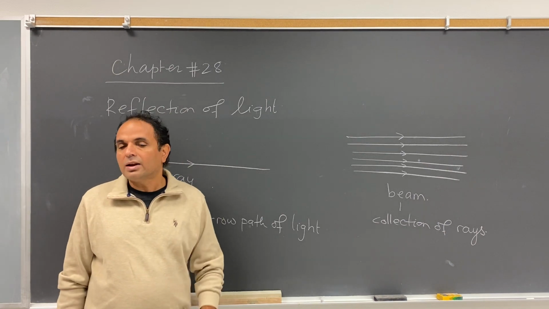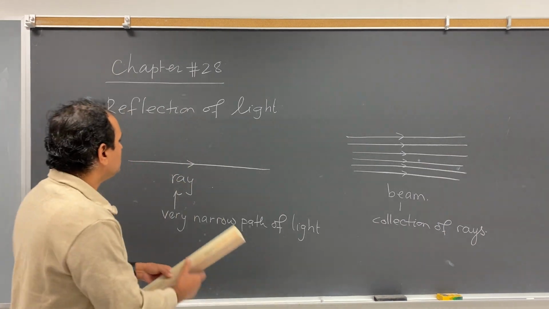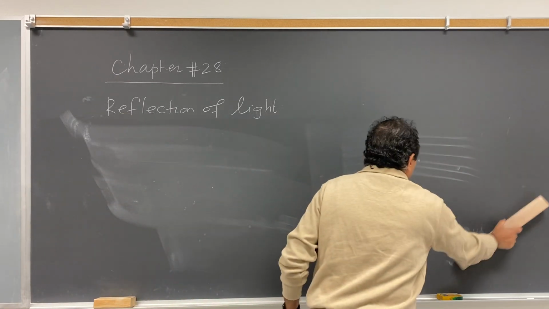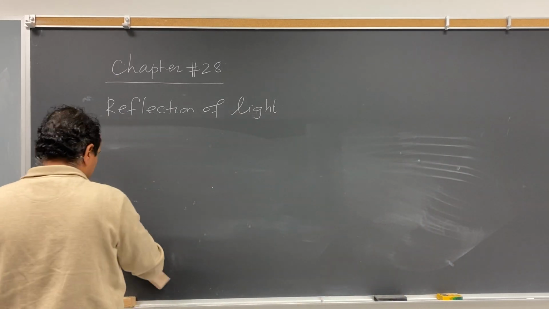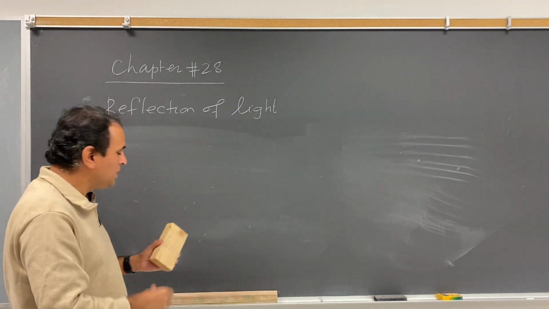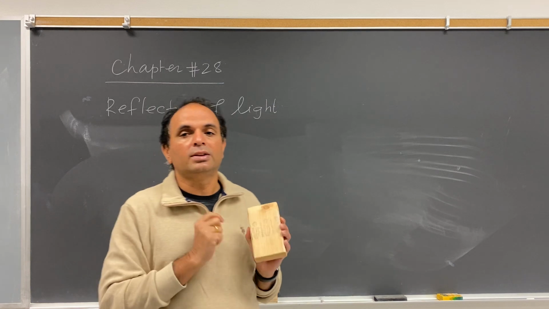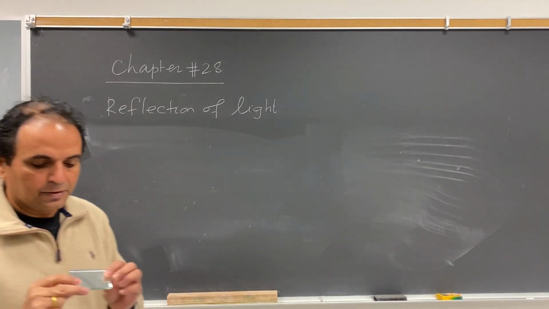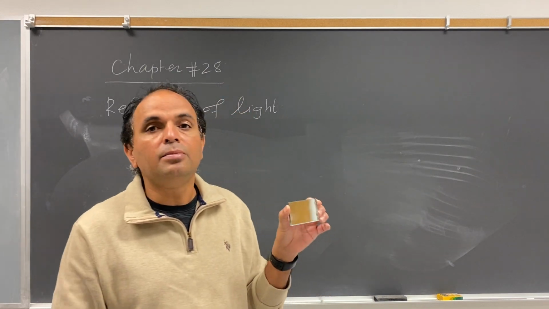Okay, and you know that the light, when it strikes on an opaque surface, like this is opaque, because light cannot pass through it. This is a plane mirror.